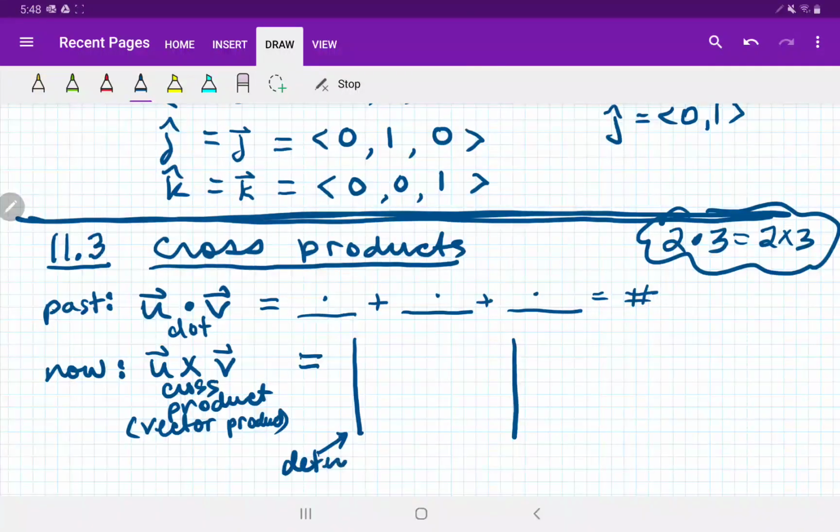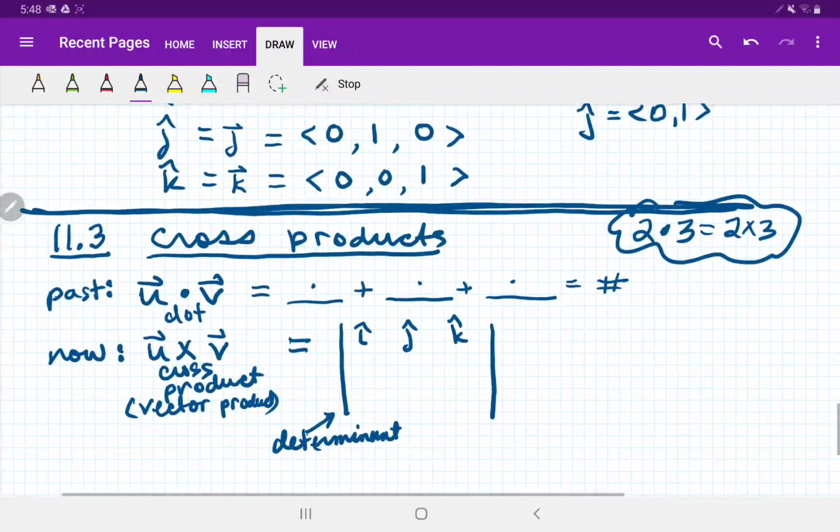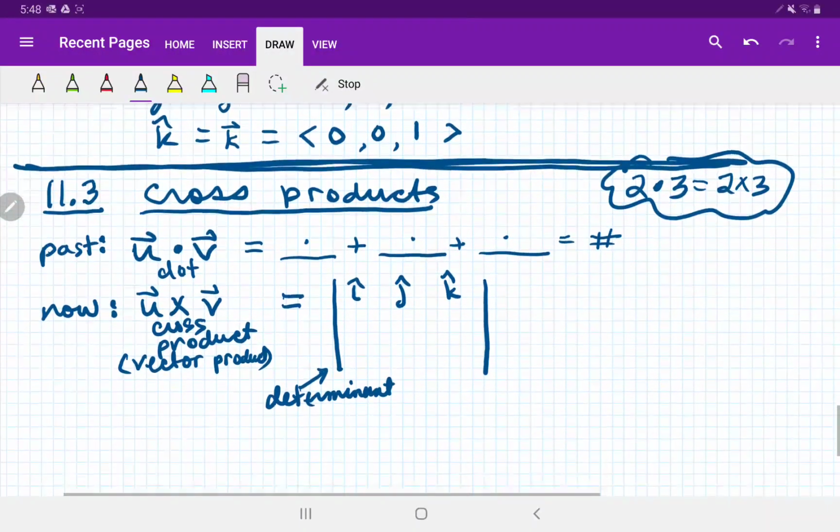So a cross product, the best way to find a cross product is to find the determinant of a specific matrix. Okay, so what you always do is you always put i, j, k here. Then I'll show you what you put for the rest. I'm going to show you with 2 vectors. Let's give you u and v.